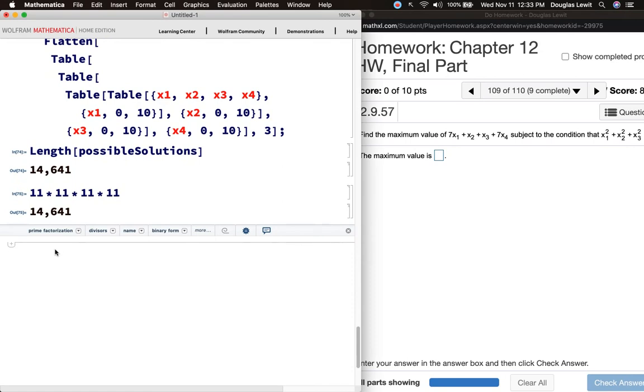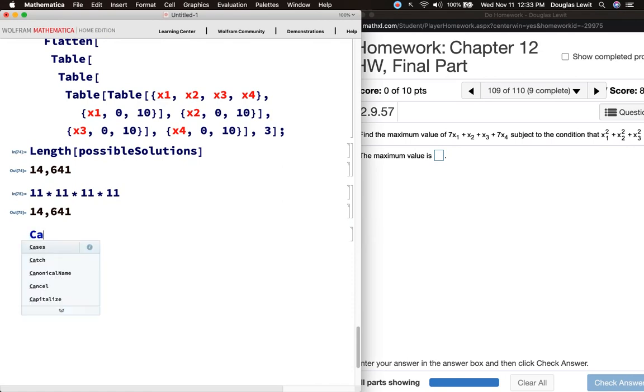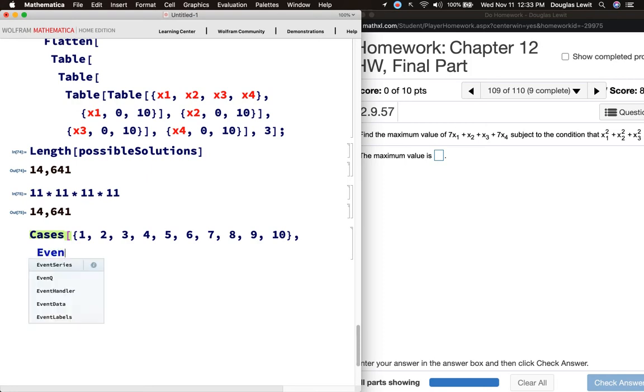Okay, so for that I would use Cases. Now what does Cases do? Let's say I have a list 1, 2, 3, 4, 5, 6, 7, 8, 9, 10, and I'm going to filter out only the even integers.